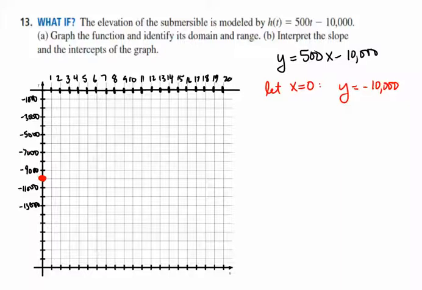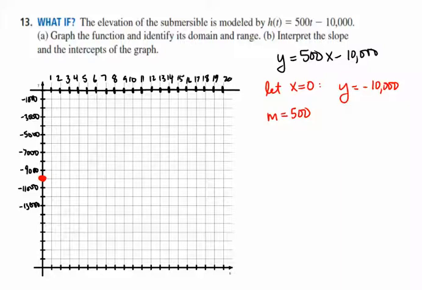Now, we can do two things in this case. Since we know that the slope is 500, what that means is that for every minute the submersible is rising 500 feet.